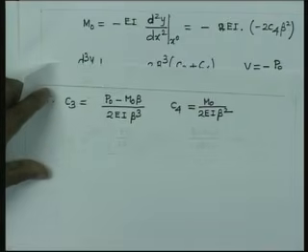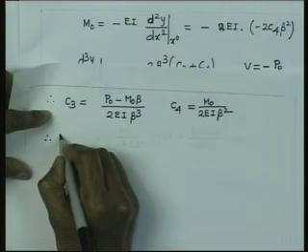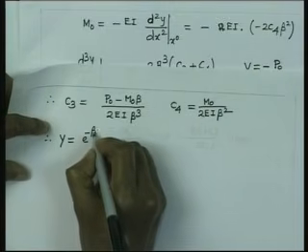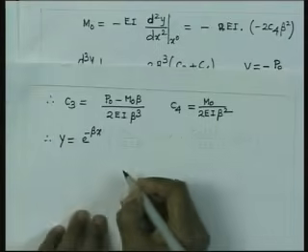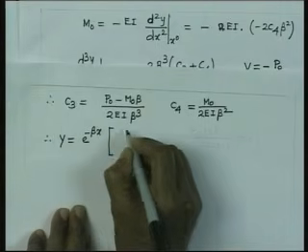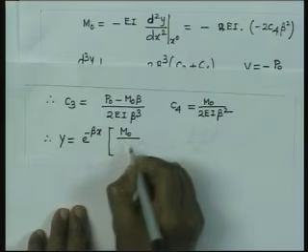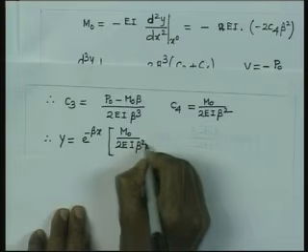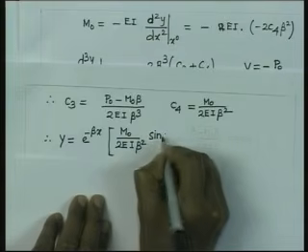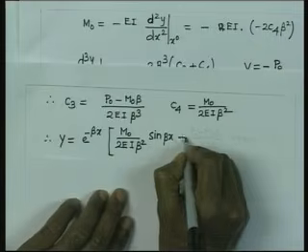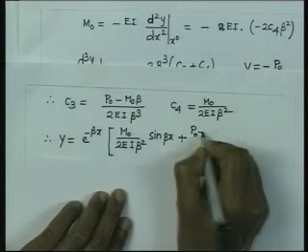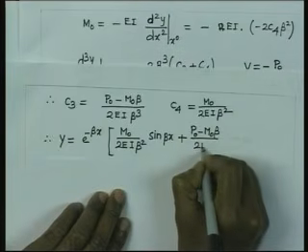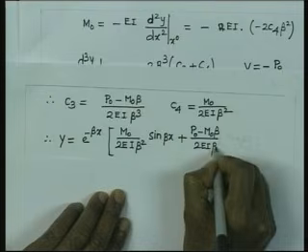And we can now write the deflection is nothing but y equal to e to the power minus beta x into M0 by twice EI beta square sin beta x plus P0 minus M0 beta by twice EI beta cube into cosine beta x.